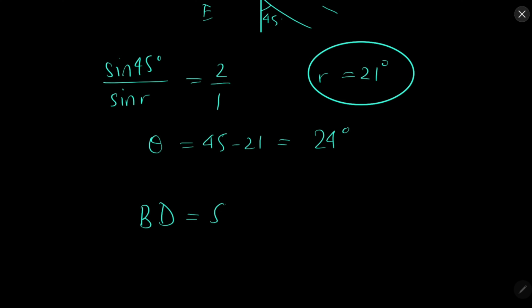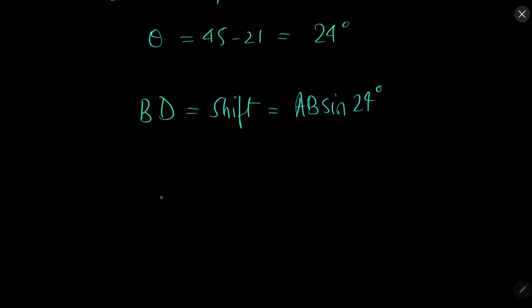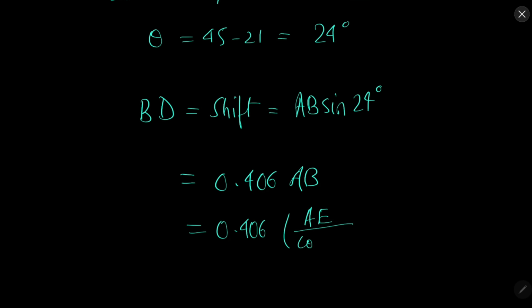BD will be the shift in the path. AB sine 24 degree, 0.406 into AB, AE over cos 21 degree, 0.406 AE over cos 21 degree, 0.62 centimeter.